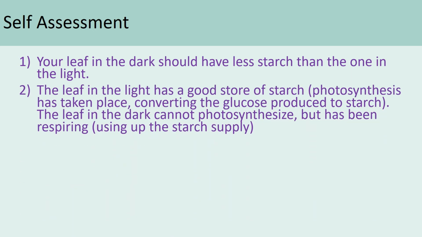For question number 2, the leaf in the light has a good store of starch because photosynthesis has taken place. So you could say that light was able to hit it, so it was able to photosynthesize. Whereas the leaf in the dark cannot photosynthesize because there is no light, which means that it doesn't have starch. It's using the starch storage up.